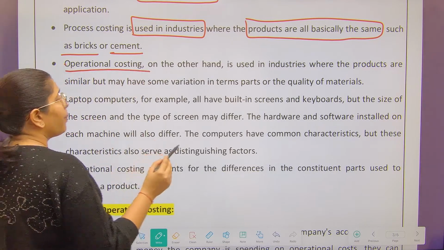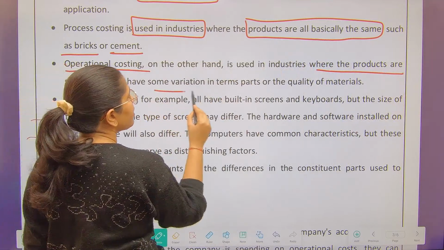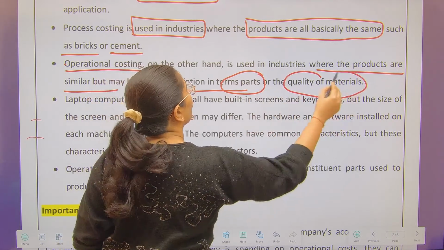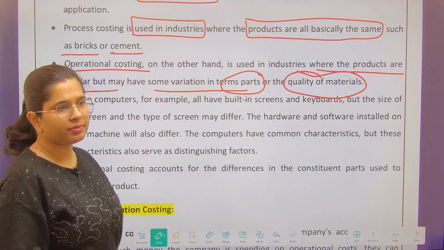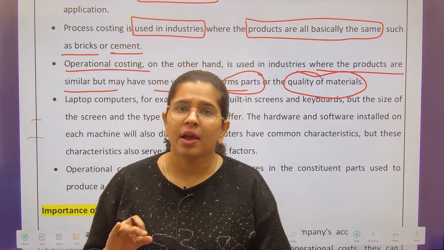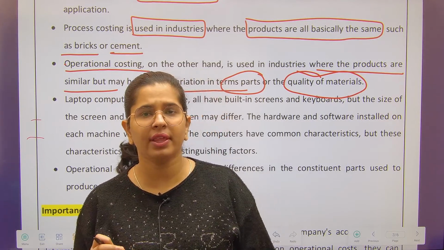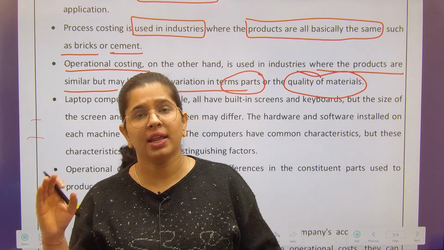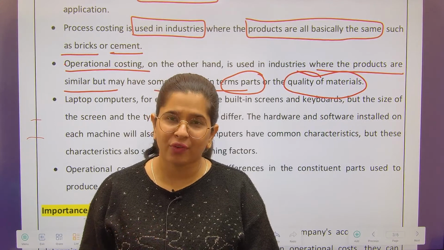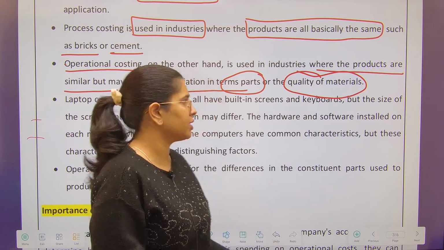In industries where products are similar, obviously they are similar, but they have some variation in terms of parts or the quality of material. You might be having variations in it. So simply, process costing means whatever you are producing, everything is same. But in operation costing, you are producing identical products but with a little bit of difference in features.